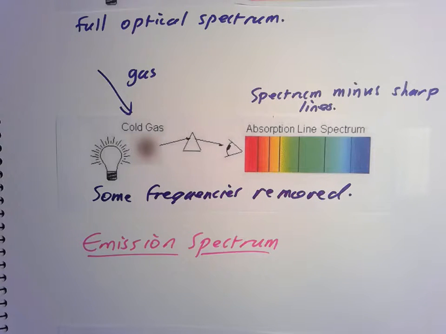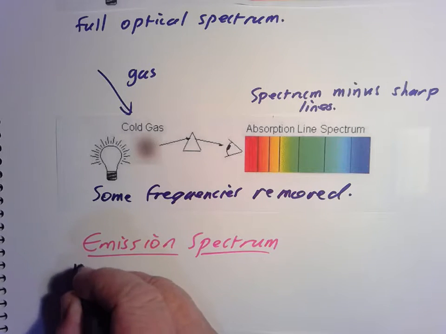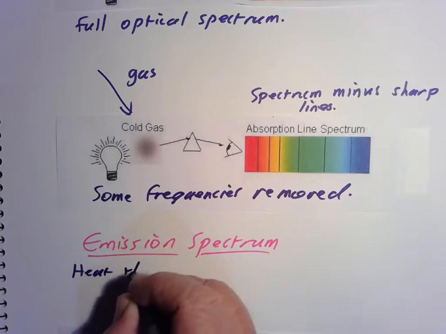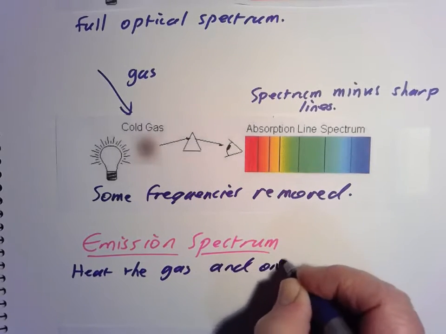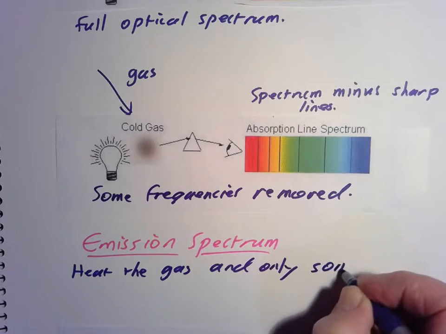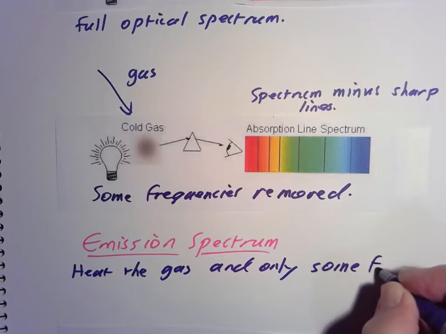In an emission spectrum, we would take the same gas because these ones match. So, we heat the gas, and only some frequencies are released.